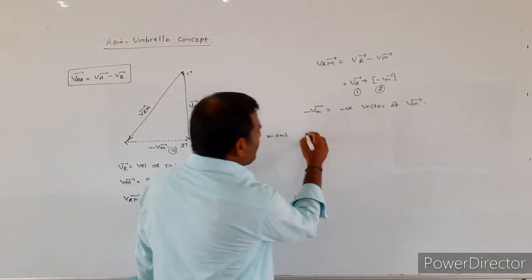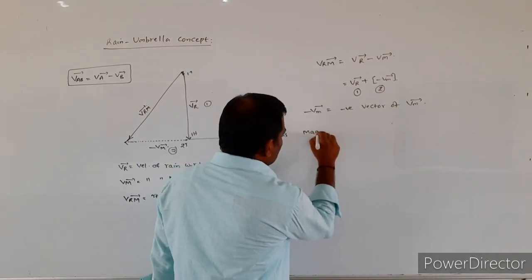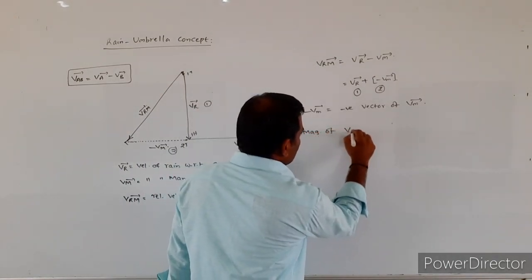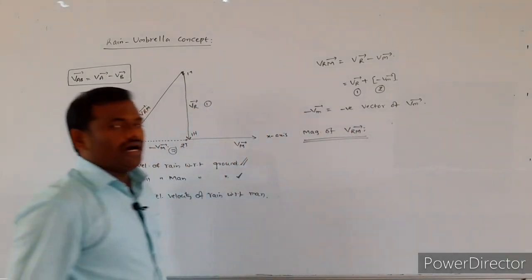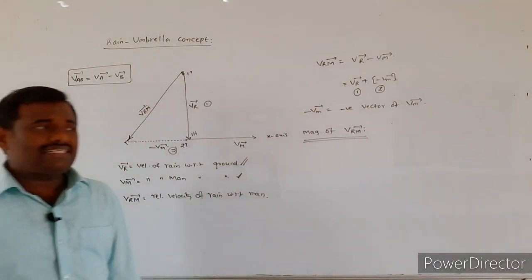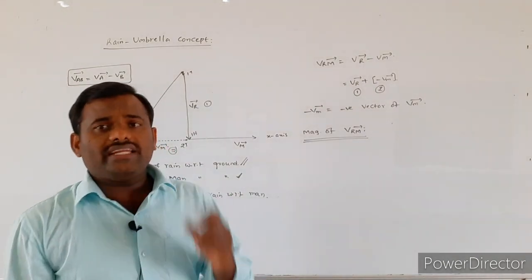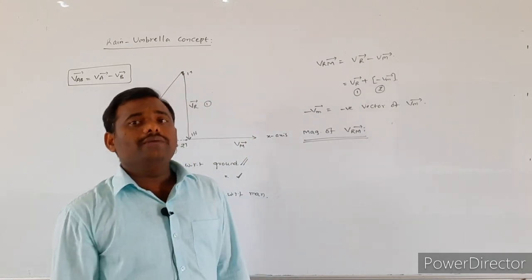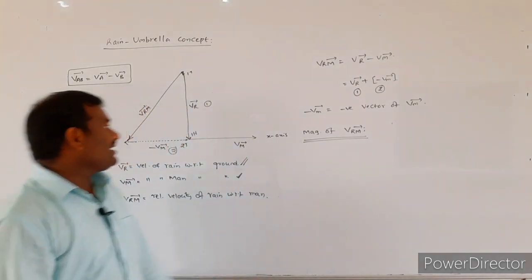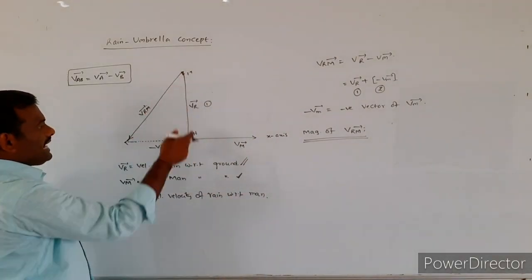Now I want to calculate the magnitude of Vrm bar. Already in the previous cases we saw, to find the magnitude, which theorem are we using? Pythagoras theorem. This is a right angle triangle.